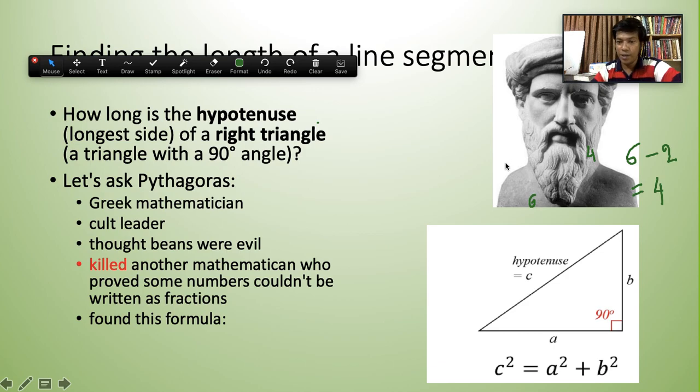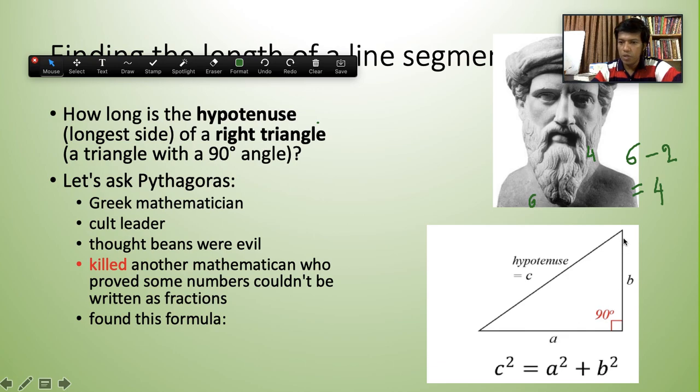But he has this amazing formula which is called the Pythagorean formula. C square equal to a square plus b square. C is the length of the hypotenuse. A is the length of one side of this right angle, another side is b, and c is the hypotenuse. We cannot say this base, this perpendicular, because the angle is not given.